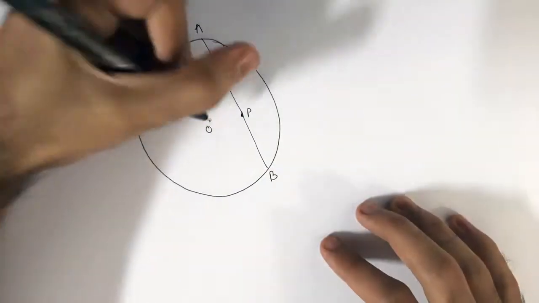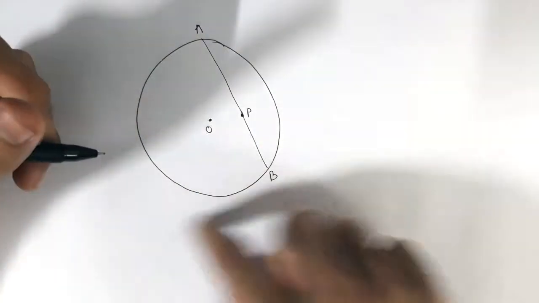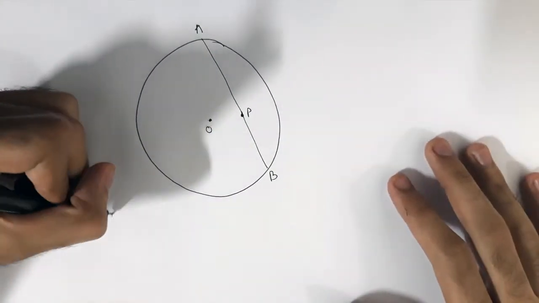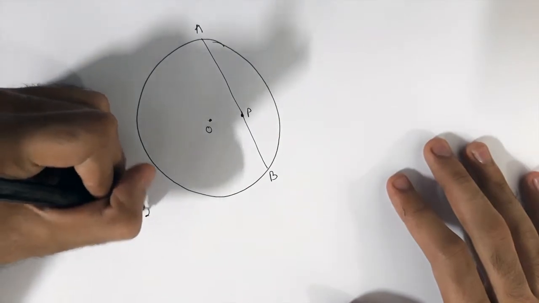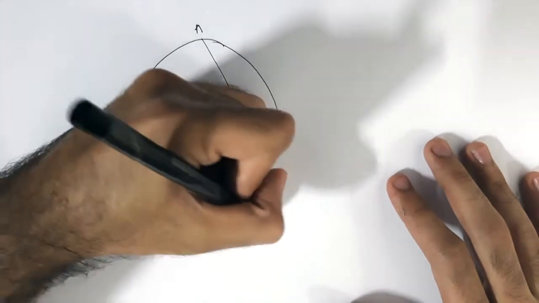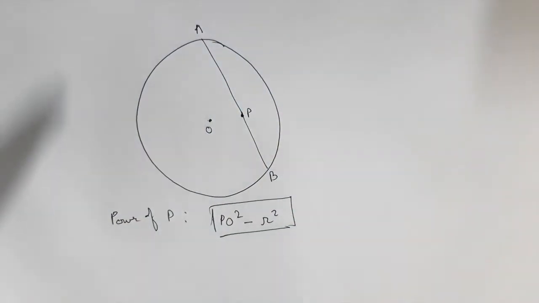By definition, the power of point P with respect to this circle of center O and radius R is PO square minus R square. This is how we define the power of a point.